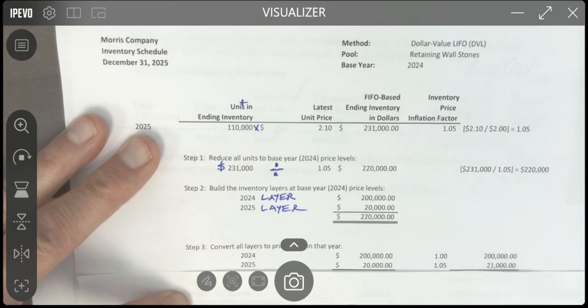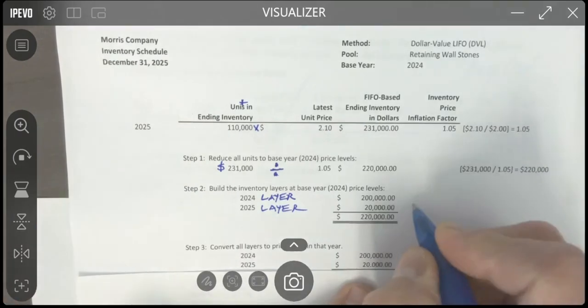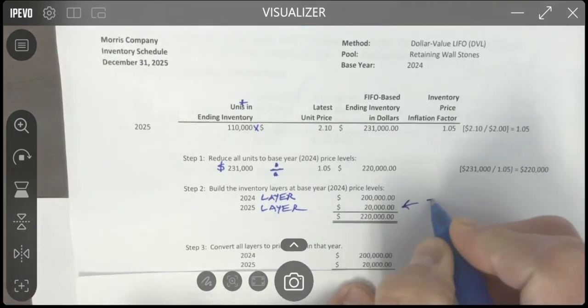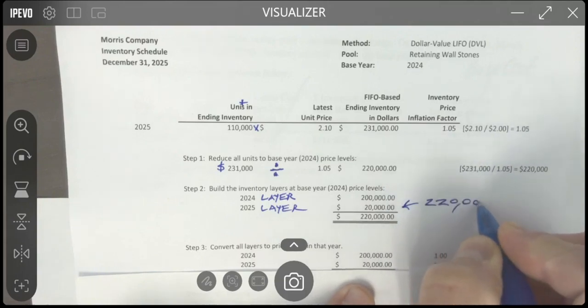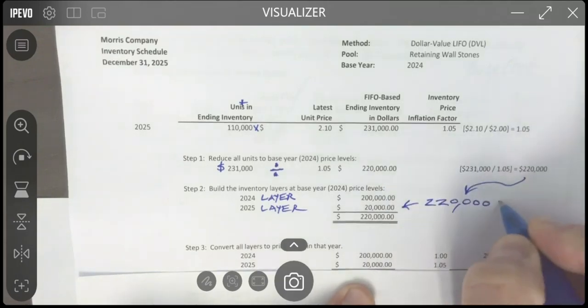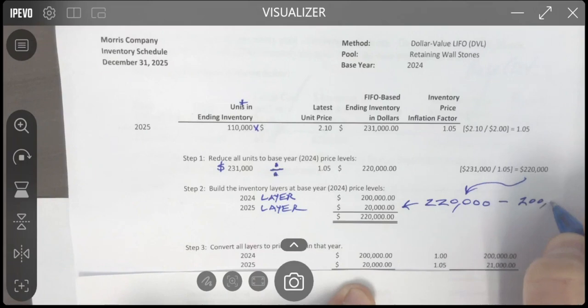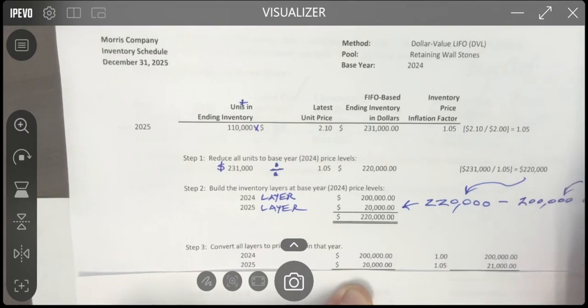So let's multiply that layer. And by the way, this layer comes from 220,000 minus 200,000 at the end of 2024.